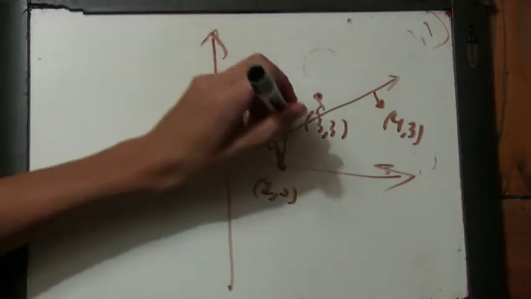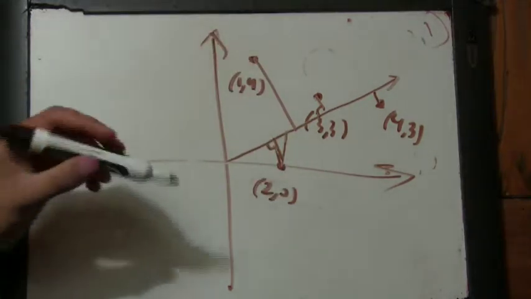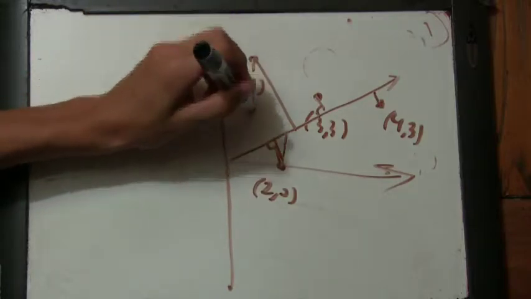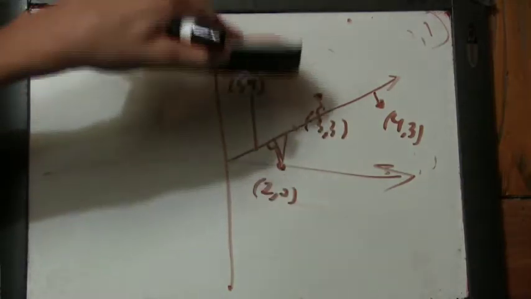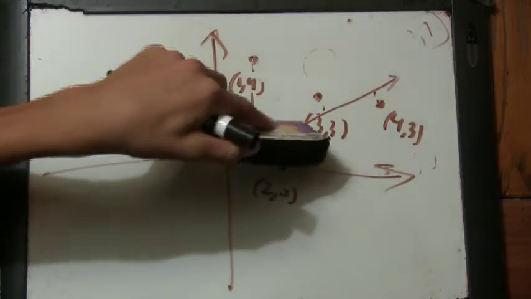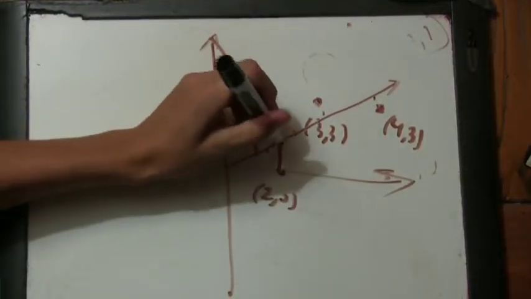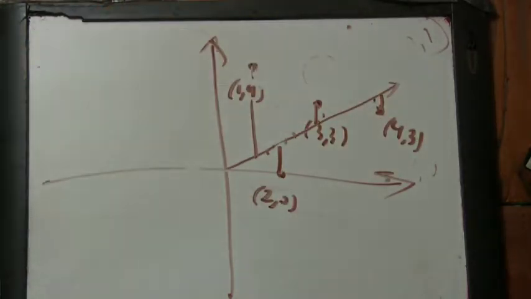Or does it minimize the vertical distance? I think in the pictures it looks like it's vertical. We'll have to understand that. As long as you keep what you're minimizing the same, it should be okay. So it minimizes some distance between the point and the line.